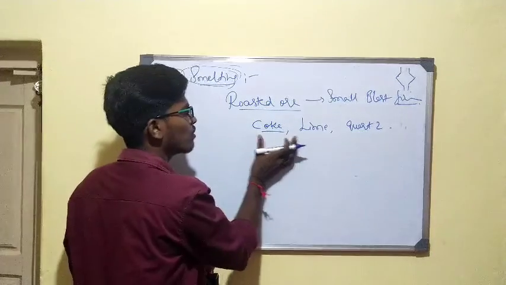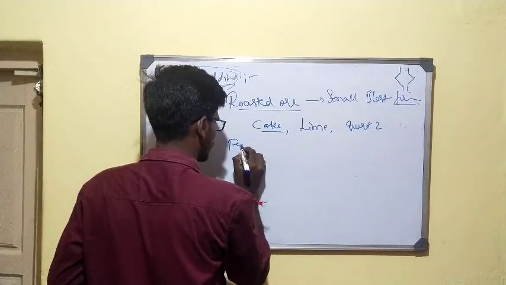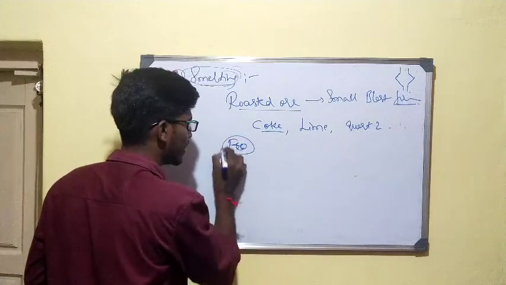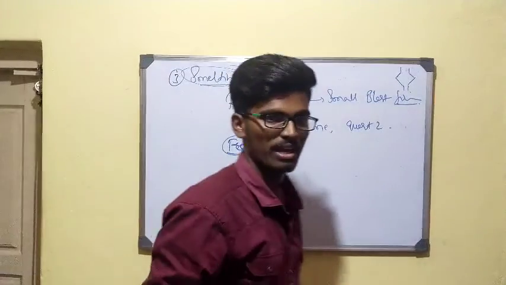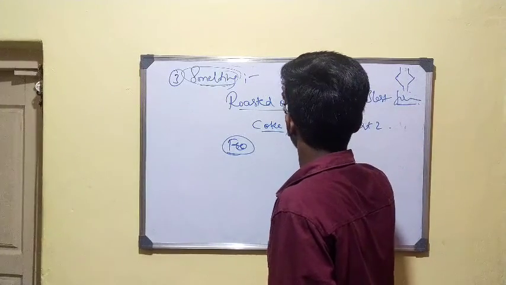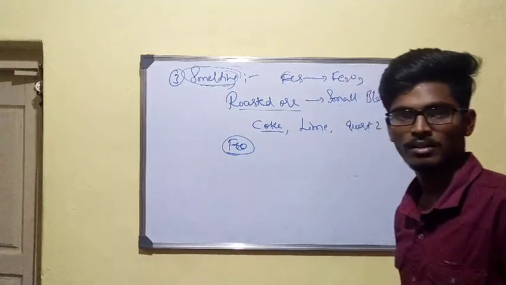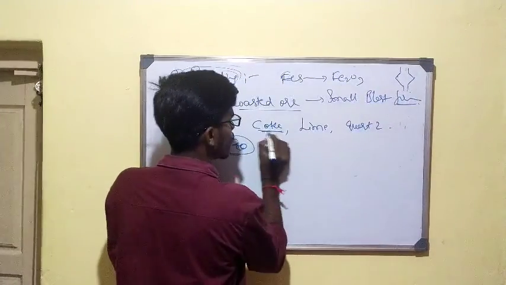Why do I have to take coke, lime, and quartz? I have iron oxide, which is what I get after roasting. But some iron sulfides also get converted into Fe2O3. Now, I will make use of this coke.